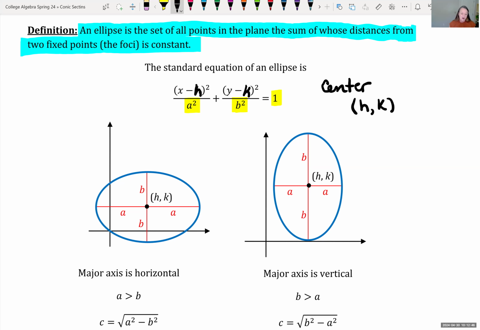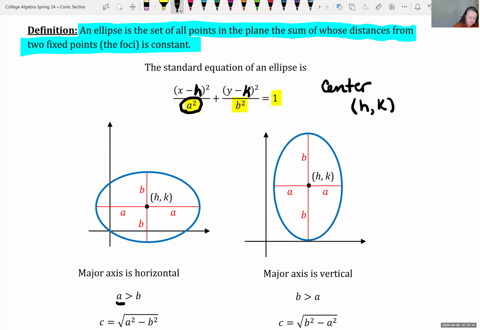Depending on whether my ellipse is elongated towards the x-axis or elongated with the y-axis depends on this value in our denominator. If our major axis is parallel with the x-axis, then the number underneath the denominator is bigger.